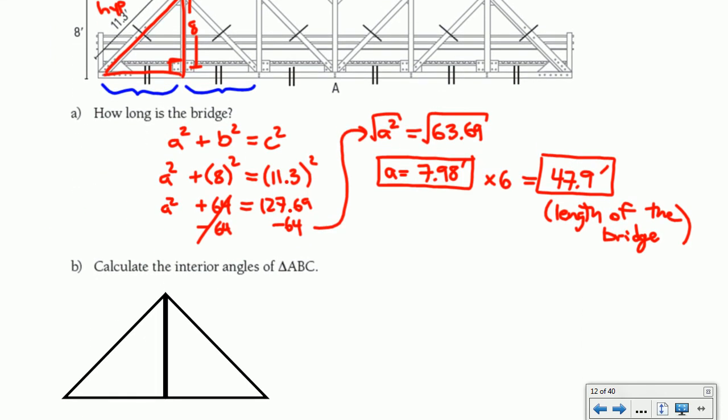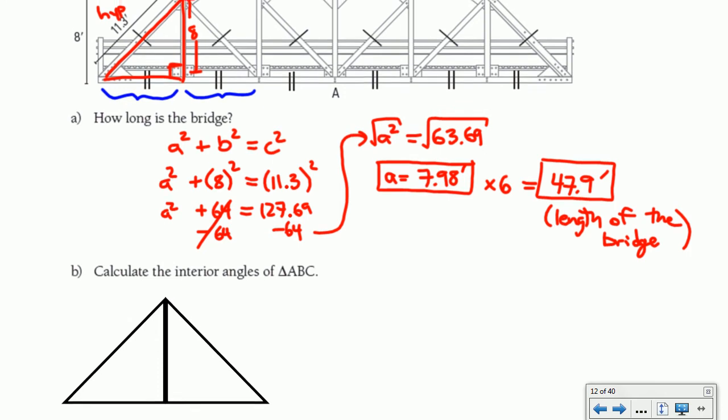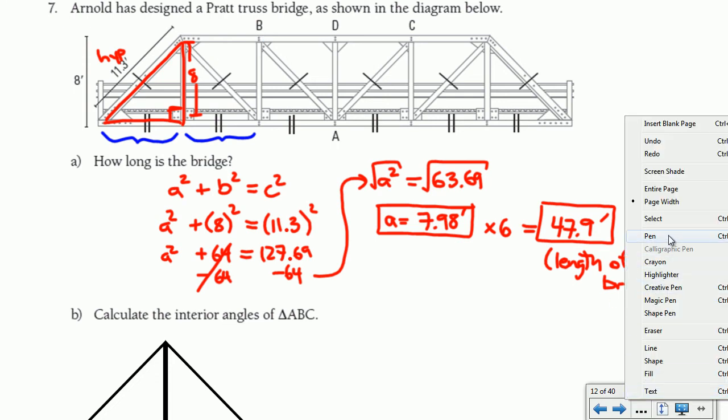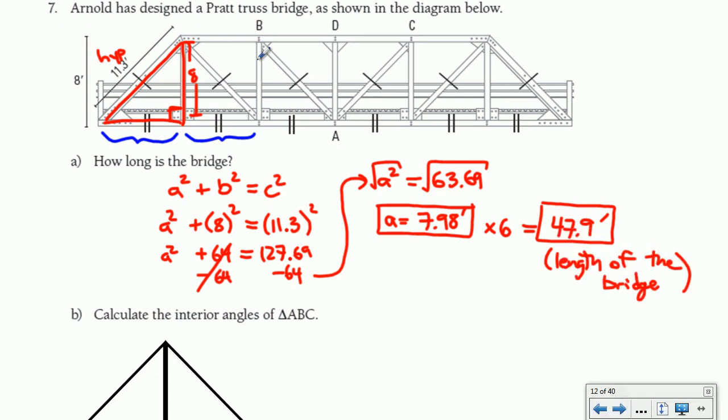Calculate the interior angles of triangle ABC. So ABC is, maybe do it in a different color, ABC is this one. Try to draw it a little better. Nah, not much better, but I tried. So notice we've got two right angle triangles.